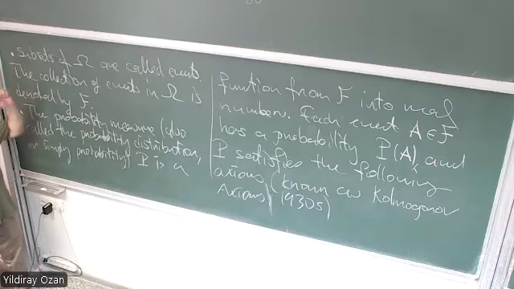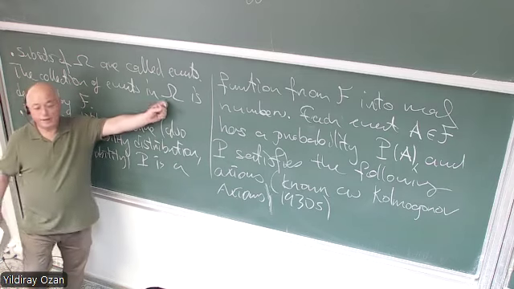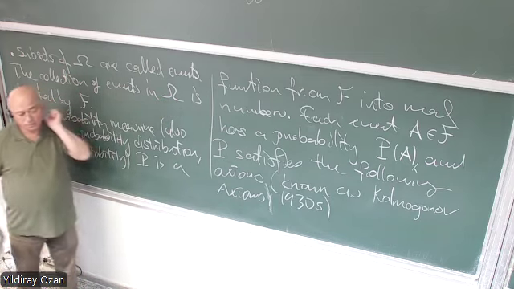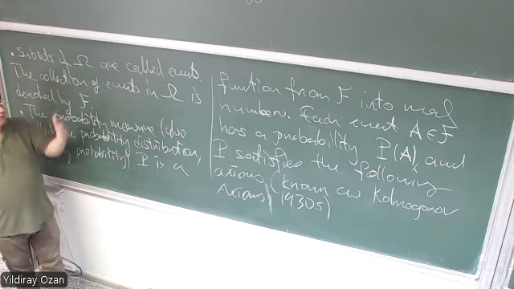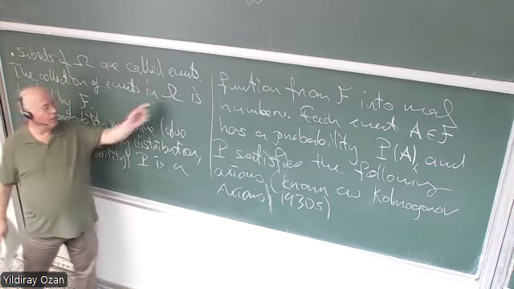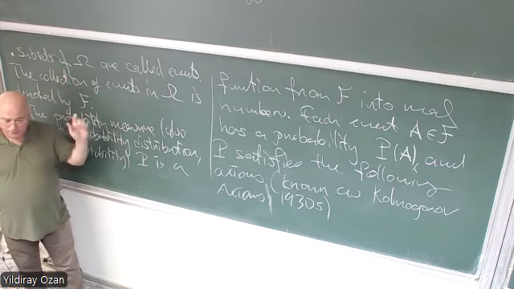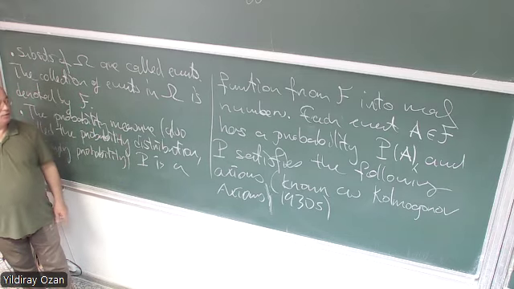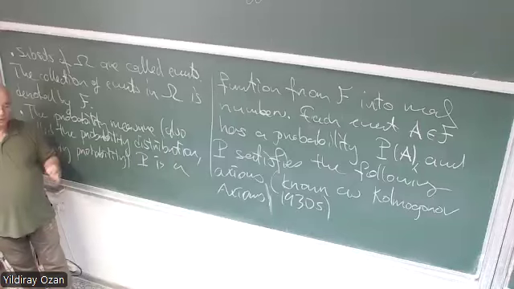Actually in this course it will be the power set of omega, because we will consider either finite or countable sets. Omega will be either finite or countable. In that case, this will be the power set. But in general, it will not be the power set. It is something much smaller.